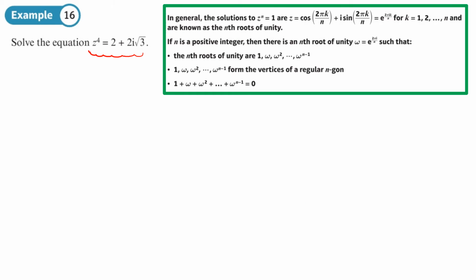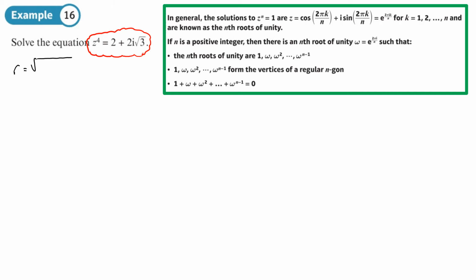Z to the power 4 equals 2 plus 2√3i. So the first thing we need to do is to write 2 plus 2√3i in the form r(cos theta plus i sin theta), which means finding r, the modulus of that complex number.